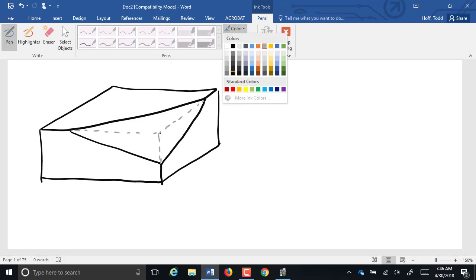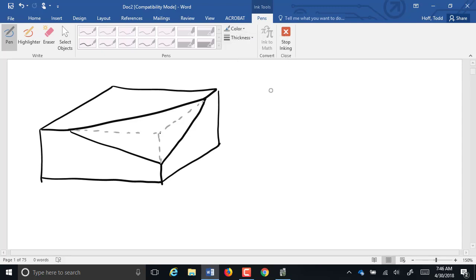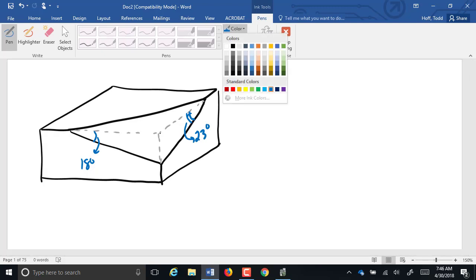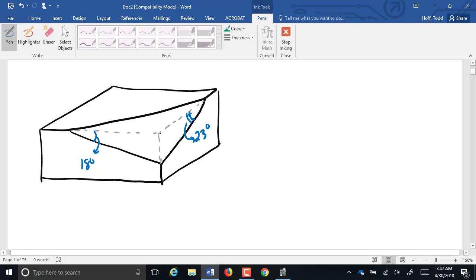So here we are. Let's say from the front view, this is our angle A here. We're going to call that 18 degrees. Over here is our angle B. We're going to call that 23 degrees. This here, we are going to assume, somebody pick a distance they want to use there. 20 millimeters, okay.